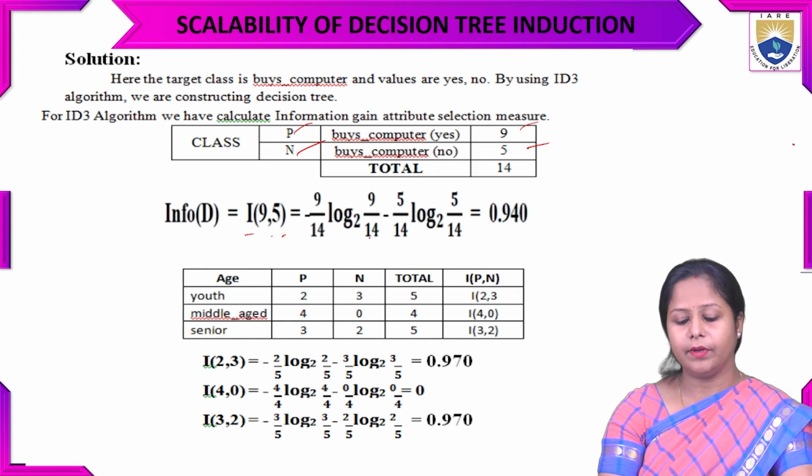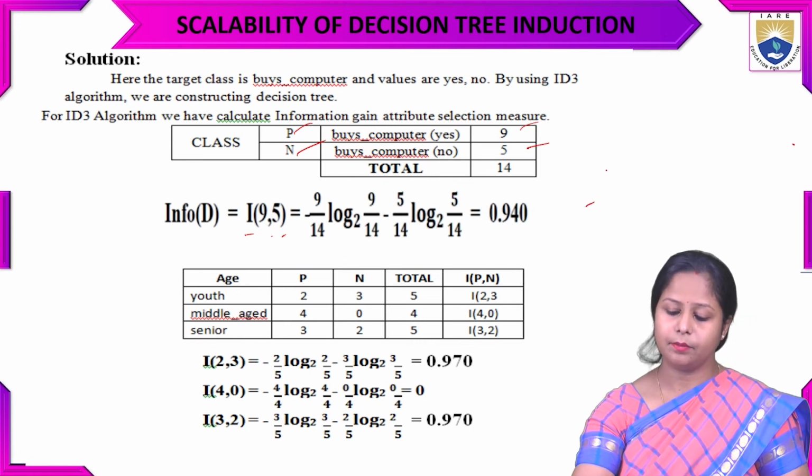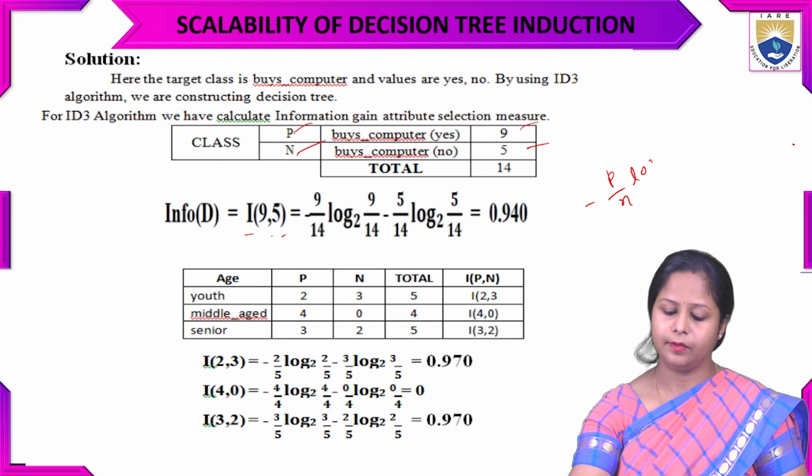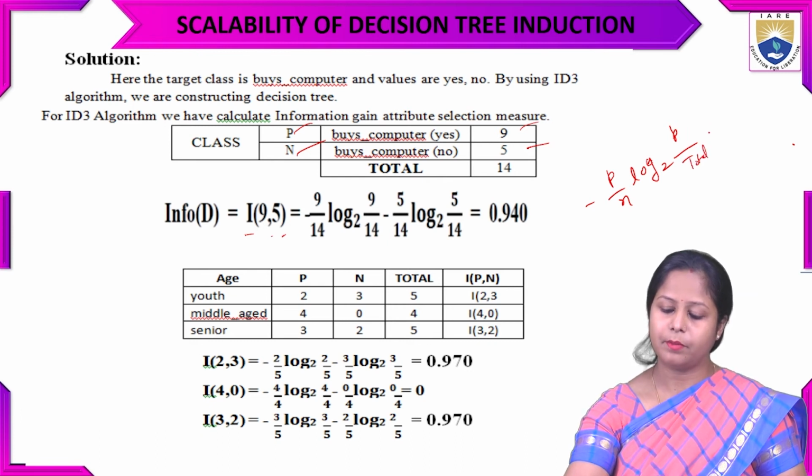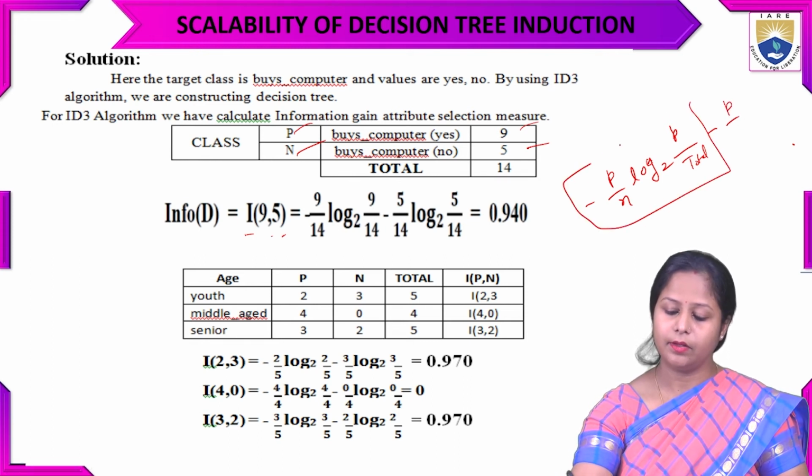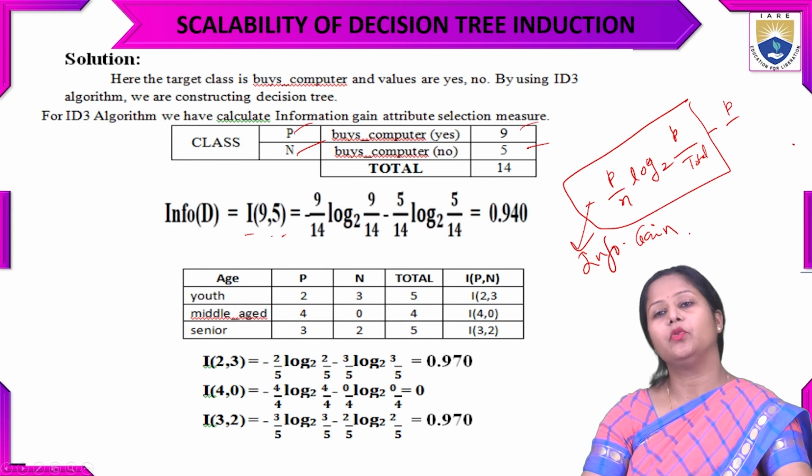The formula is minus P upon total log base 2 of P upon total, minus N upon total log base 2 of N upon total. This is the formula to calculate the information gain of any node.